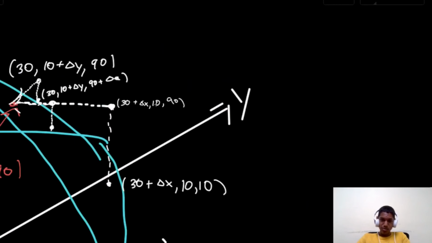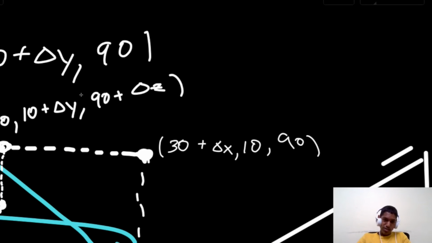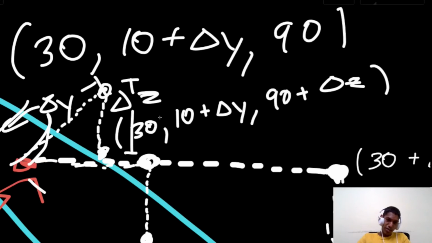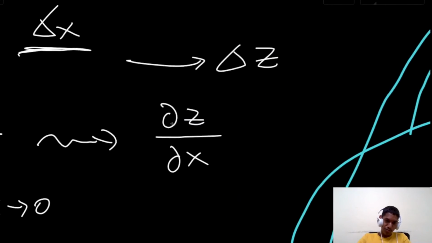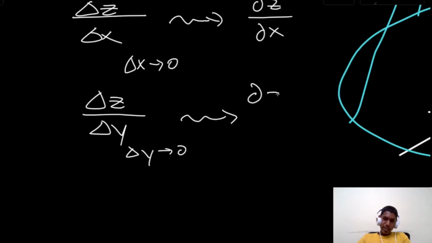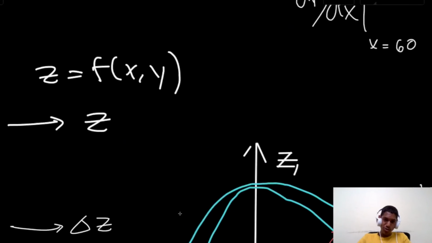So, as usual, we take the ratio. So this right here might be delta Z, and this is delta Y, right? This sort of length here, and then you've got this one. And so as you shrink delta Y, you're also going to shrink delta Z, and the rest is calculus. So you take dz dy, and then you let delta Y go to 0, and all of that, and you get this other partial derivative with respect to Y. So why is it called partial then?